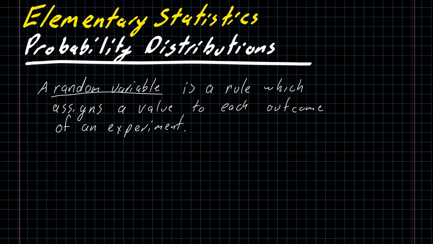A random variable is a rule which assigns a value to each outcome of an experiment.